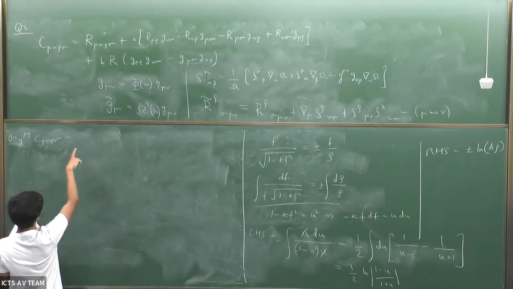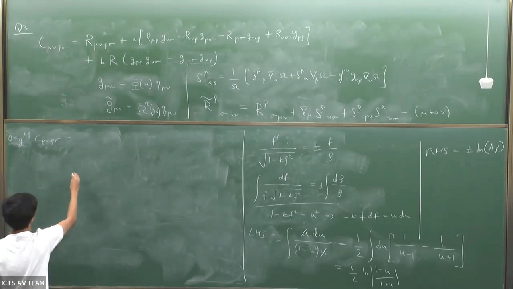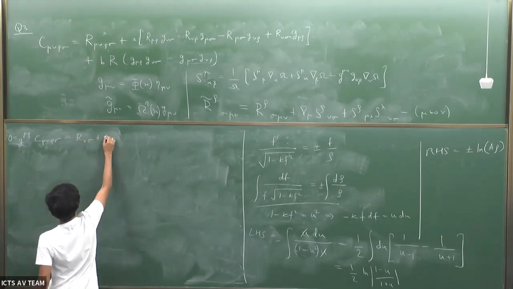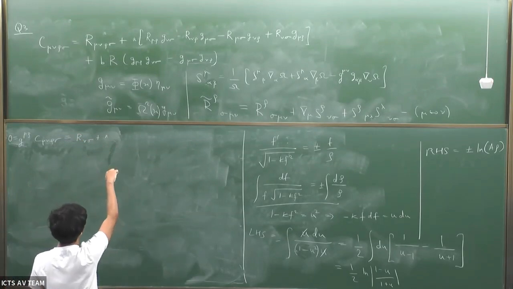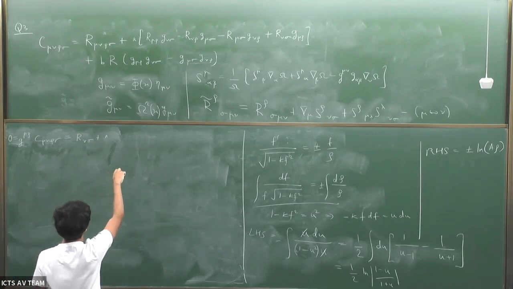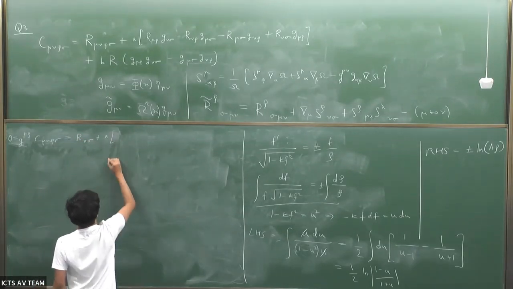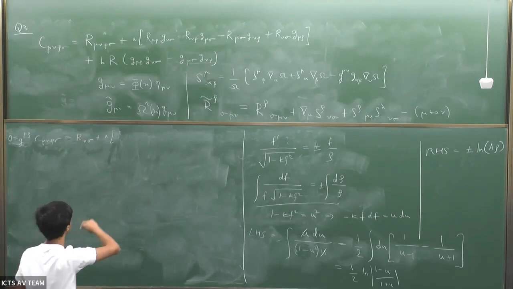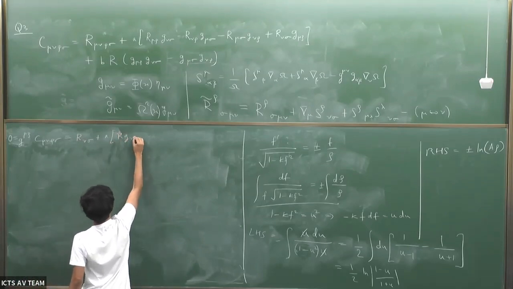Yeah, so if you contract with G mu rho, the first term becomes R nu sigma, plus A times R g nu sigma.